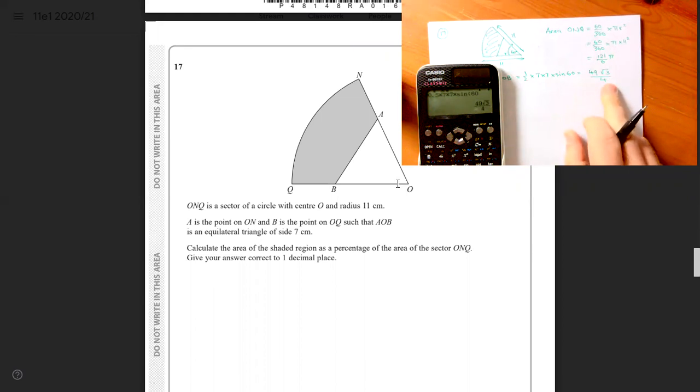Okay, I'm going to leave that answer like that as well because whilst I'm still using the answers, let's leave them as exact as possible rather than round at this stage.